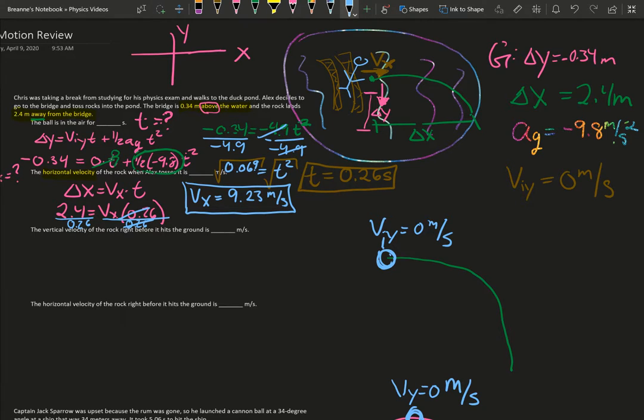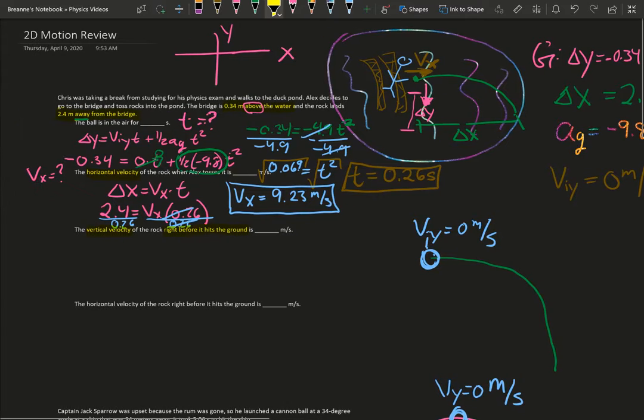So now it's saying we're looking for our vertical velocity right before it hits the ground. So vertical is y. So we're looking for our Vy, but right before it hits the ground. So that's going to become our Vfy.